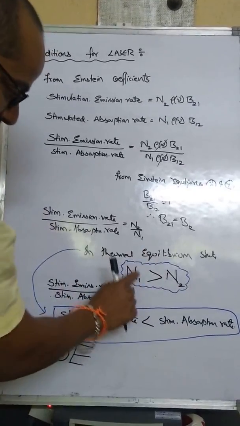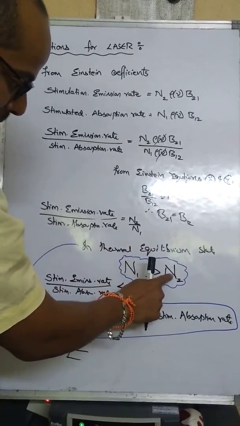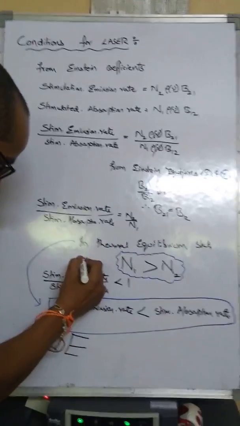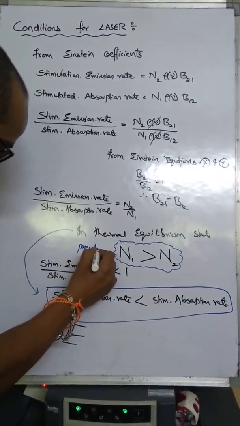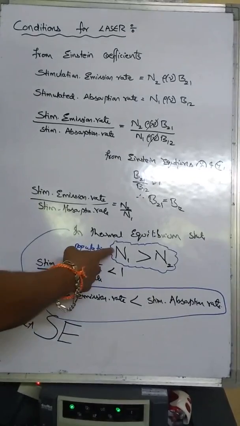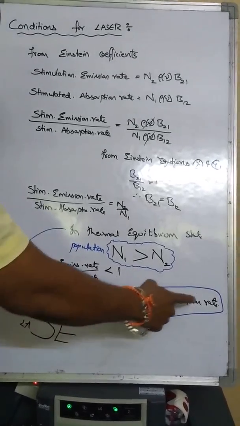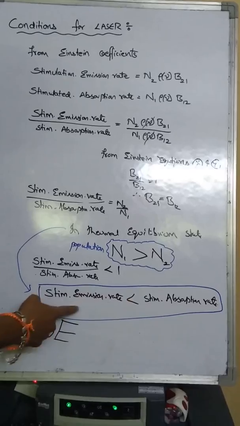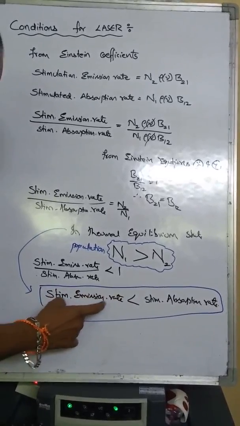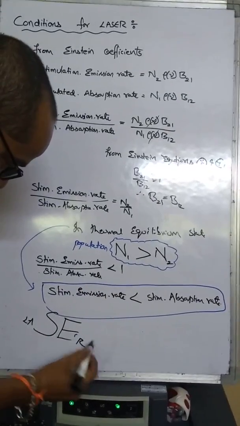Due to this condition, the population in the ground energy level is greater than the population in the higher energy level, so I am naming this N1 by a new term, population. Due to this population, the stimulated absorption rate is greater than the stimulated emission rate. But we require the domination of stimulated emission, so that we get the output as laser.